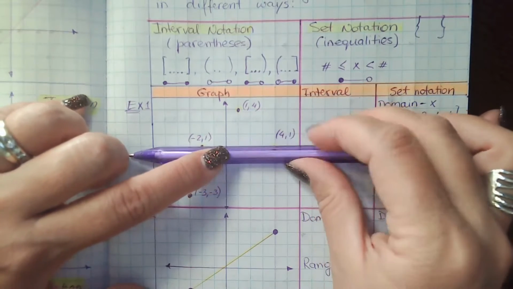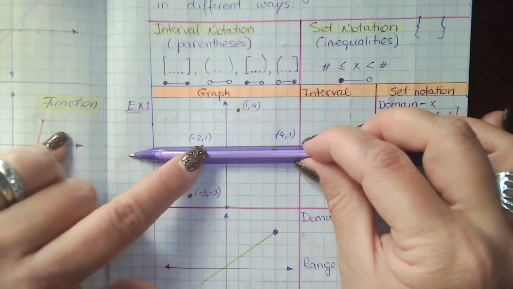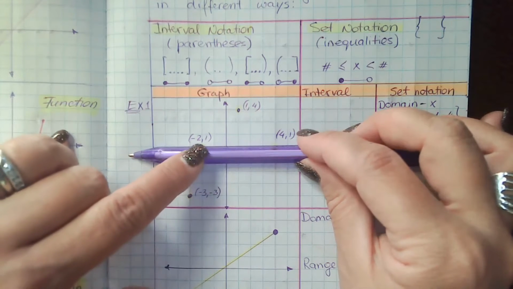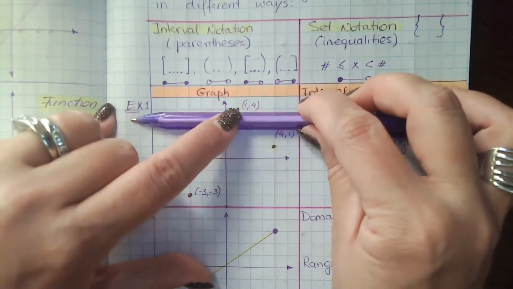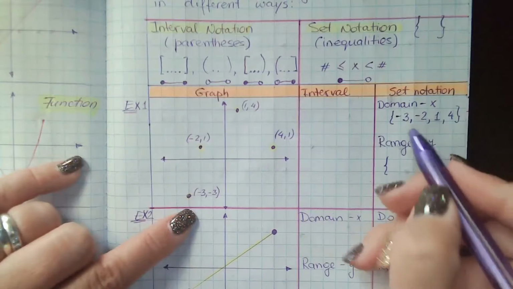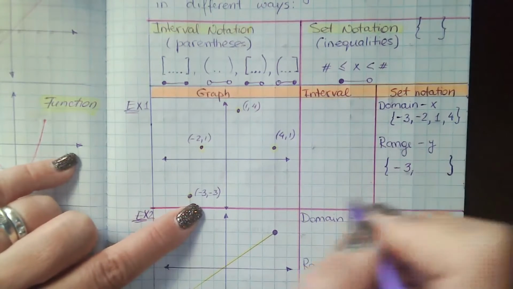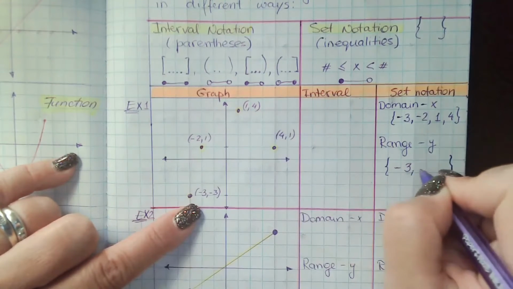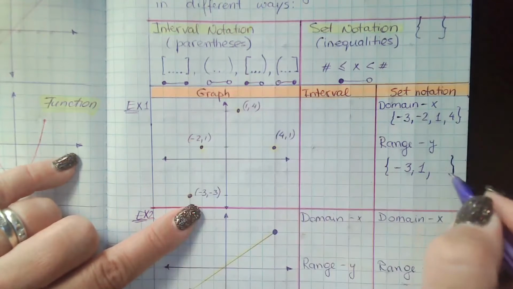Then we have 1, which repeats 2 times, but that is only going to be listed once because it's the y value acceptable, 1, and then 4. So for the range values, I have -3, then I have this 1 that I'm going to list once in a set, and I have 4.